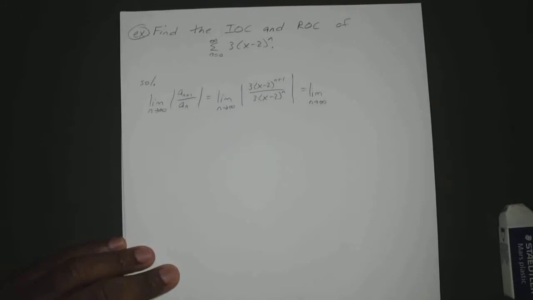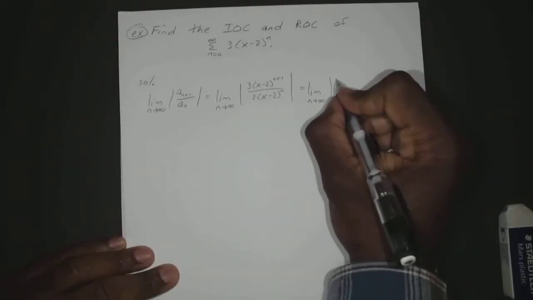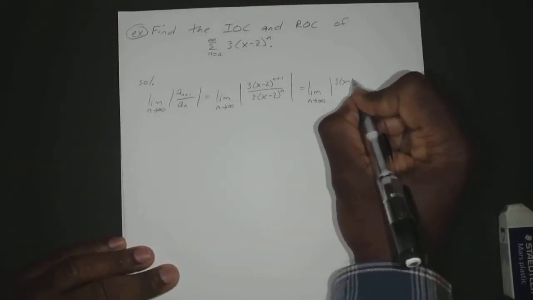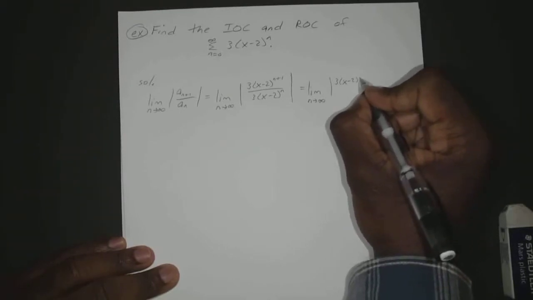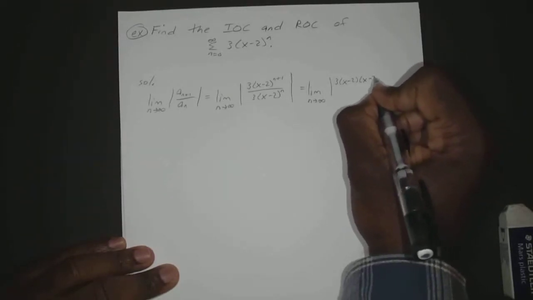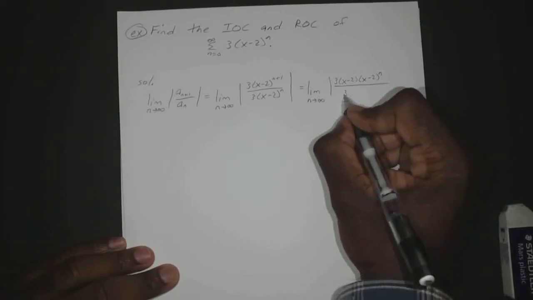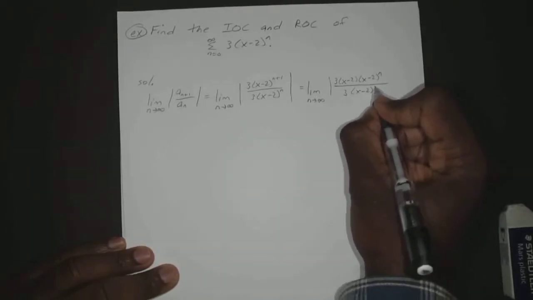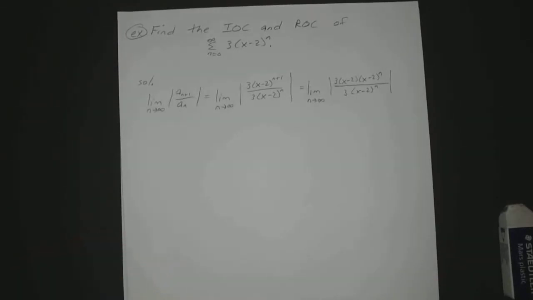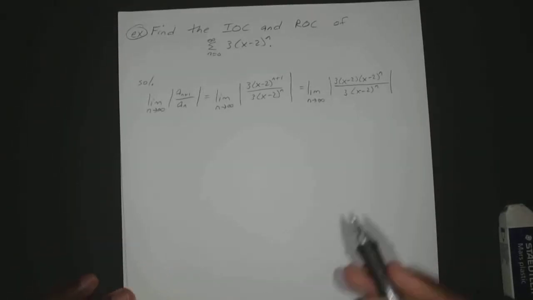Okay, which equals the limit as n approaches infinity. We can go ahead and just separate your numerator. So you have 3 times (x minus 2) times (x minus 2) to the nth power over 3 times (x minus 2) to the nth. Okay. And this is where stuff just starts canceling out.